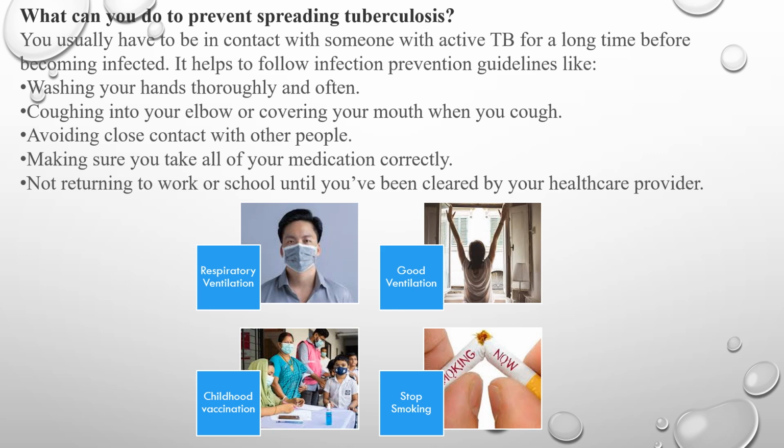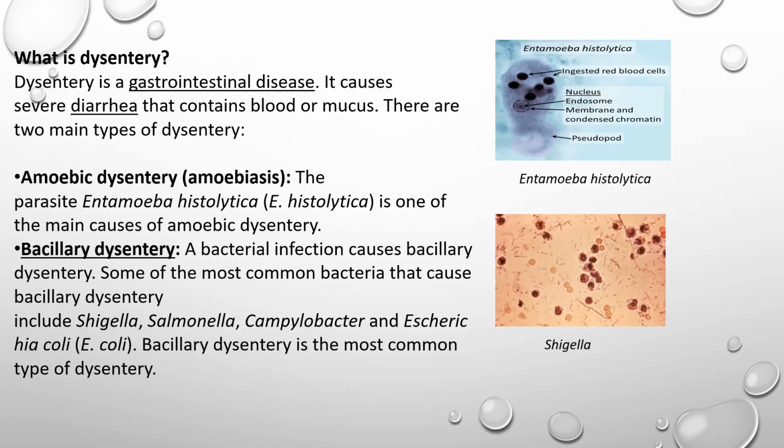Good ventilation should be maintained, and stop smoking. Childhood vaccination, screening and early detection, regular TB screening, and TB testing for people in close contact with infected individuals should be done. Maintaining good nutrition and strong immunity, and avoiding smoking and alcohol abuse, are some of the preventive measures which have to be taken to prevent spreading tuberculosis. Now coming to the next one, dysentery.